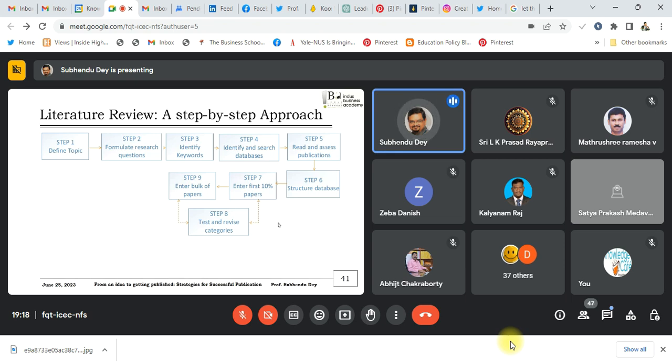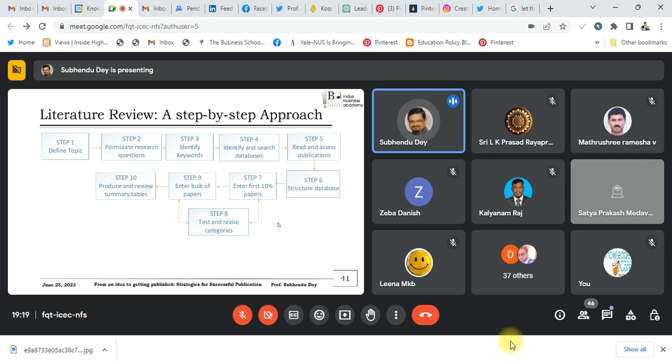So steps 7, 8, and 9 are extremely important in terms of looking at what papers you are going to include and what you're going to exclude, and how you're going to do that through all the categories that are to be put in the Excel sheet. Those of you who have worked on the Excel sheet would understand immediately what I'm talking about. Those who have not worked with Excel sheets, I would suggest that you go back and take a paper, take all the important relevant information from the paper, put them as categories in an Excel sheet, and check what happens.